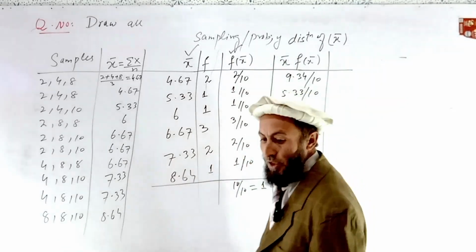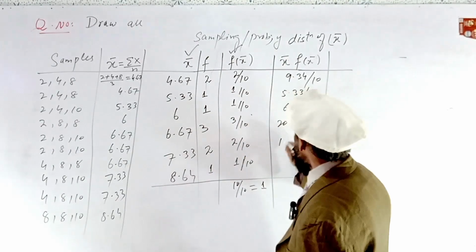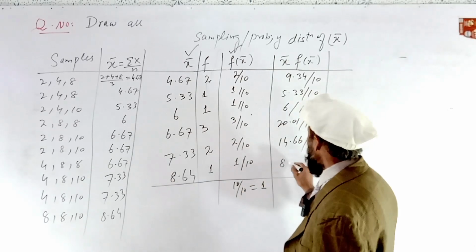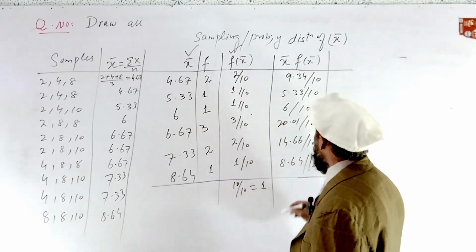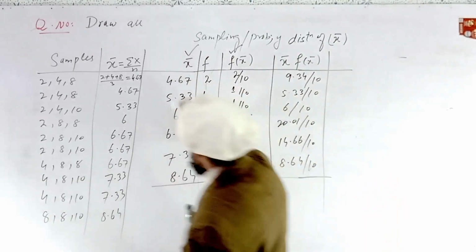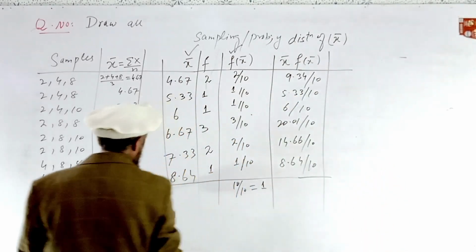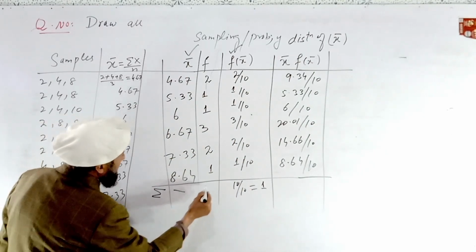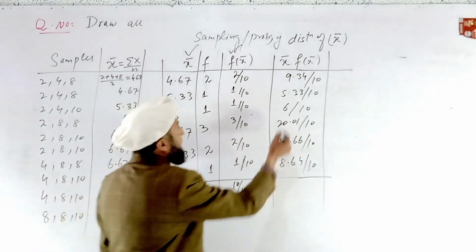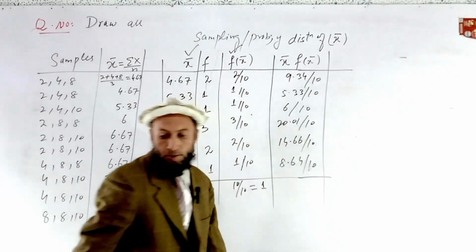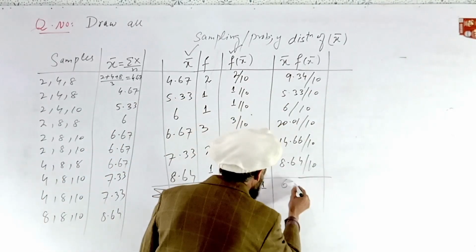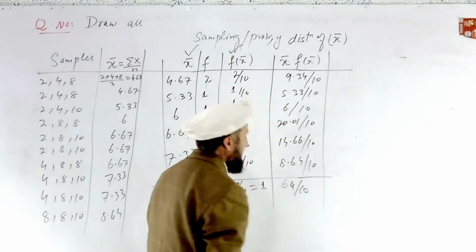Similarly, 7.33 we get 14.66 divided by 10 and 8.64 divided by 10. Now here we require the sum of the values, this 10 will be cancelled, and here we add this term, so this is equal to 64 divided by 10.